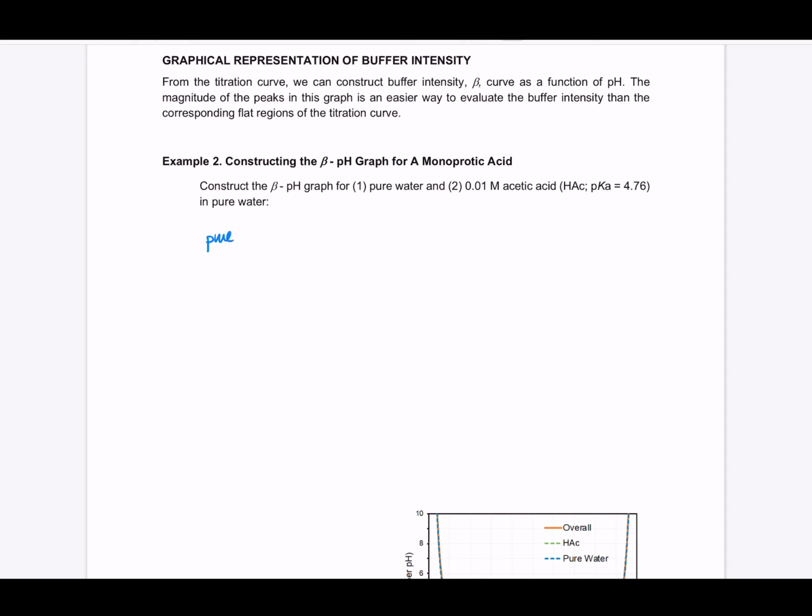We know for pure water, beta is basically beta of H2O only, and this is 2.303 times H plus plus OH minus, it doesn't matter, or 2.303 times Kw over H plus plus H plus.